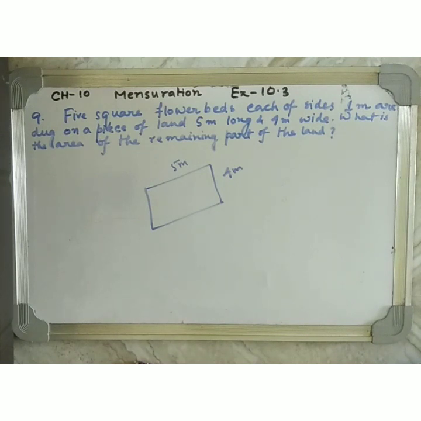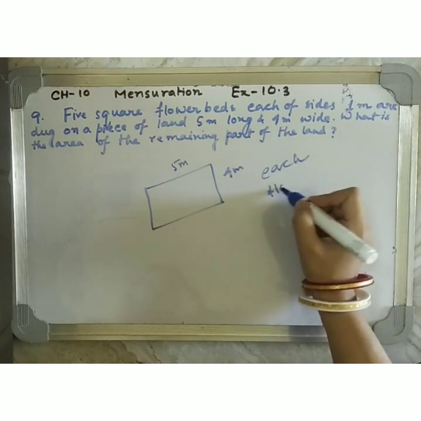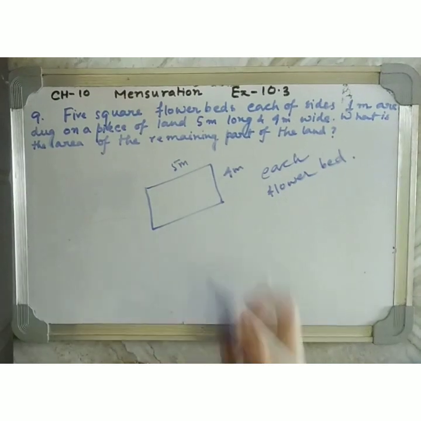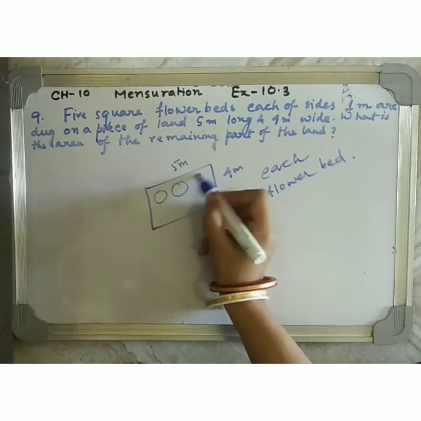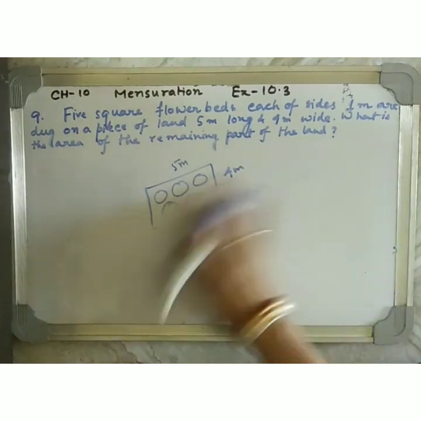Okay, so first what we have to do? First we have to know the area of each flower bed, isn't it? So from here all these 5 flower beds were dug. That's why we will first find the area of each flower bed. Now let's do that.